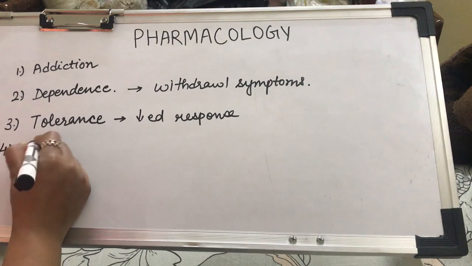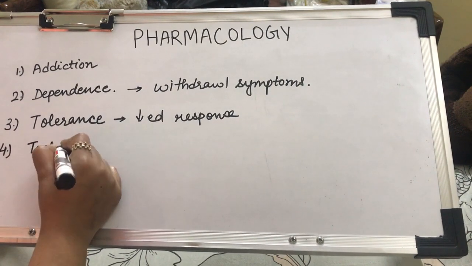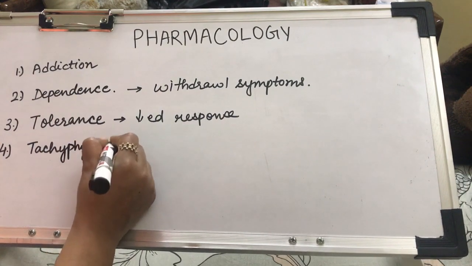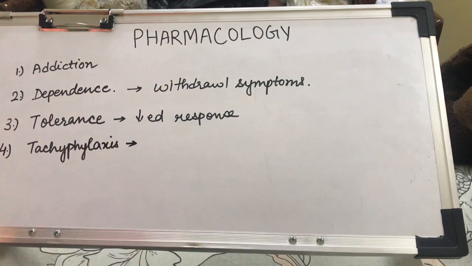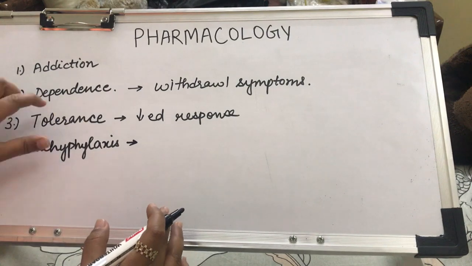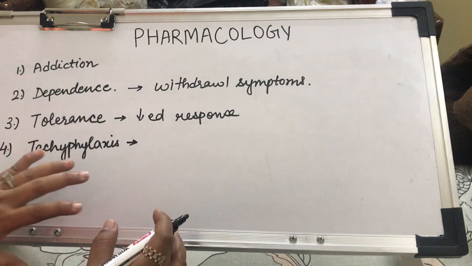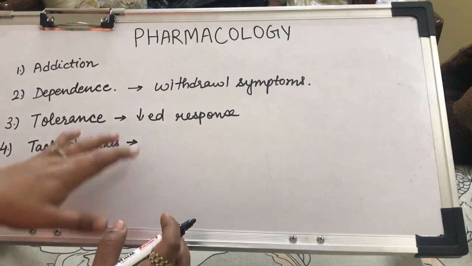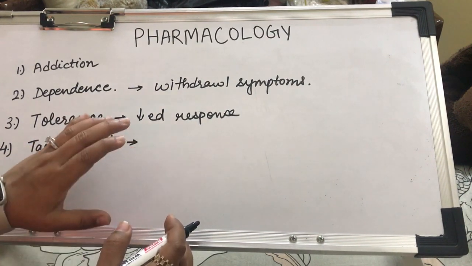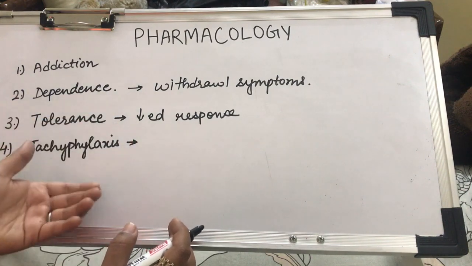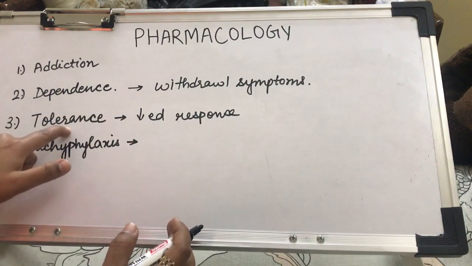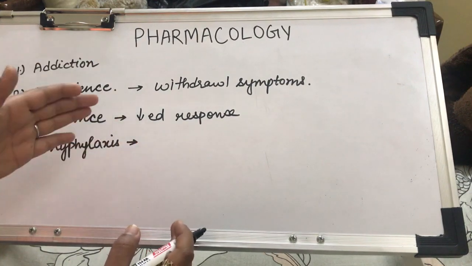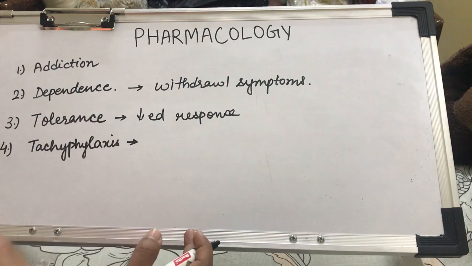The next term is tachyphylaxis. Now, these two terms are somewhat related, because tachyphylaxis is an acute or sudden decrease in response, or you can say it is a short-term onset of tolerance. Tolerance occurs when repeated doses of the drug are taken.